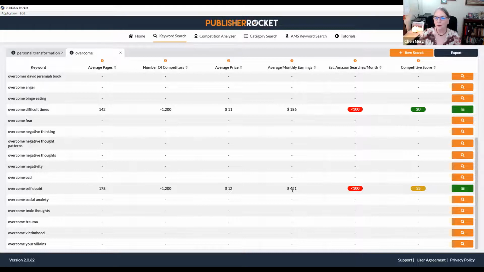That's still not very much money for all those books. Understand that many of the books are not earning anything per month. So you probably only need to look at the top 100 for that average monthly earnings. So, okay, you might make $4 per month on that one. It is a moderate competitive score.